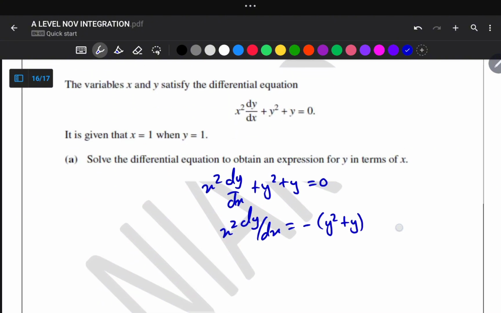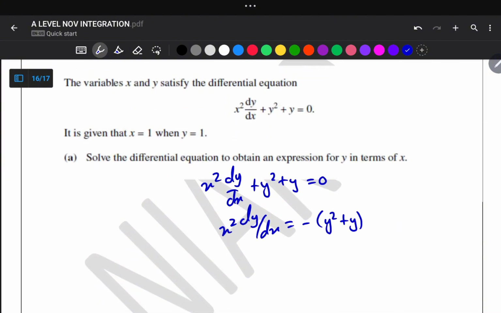Okay, so let us divide both sides by x squared. On the left hand side we are left with dy by dx being equal to negative y squared plus y over x squared.